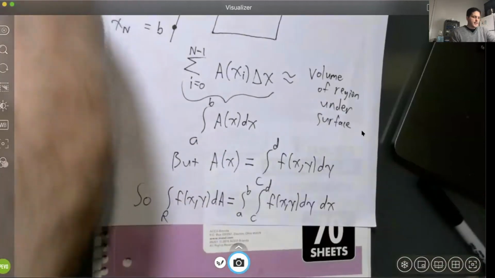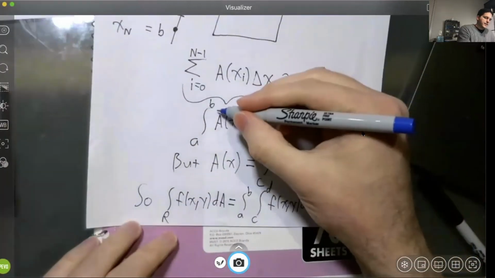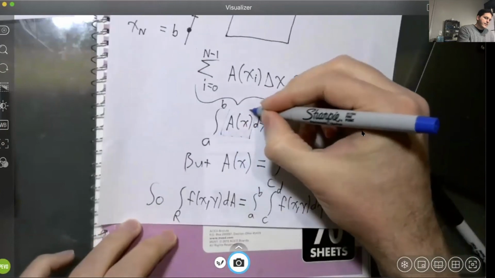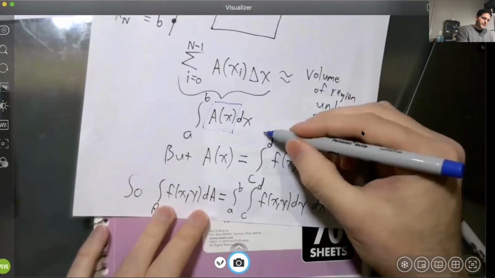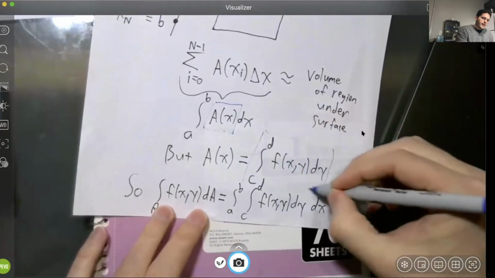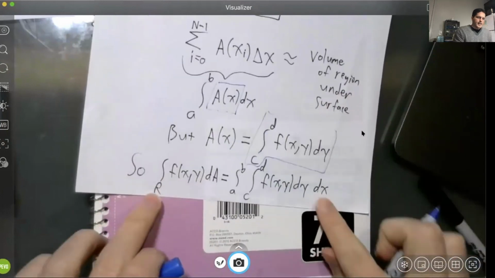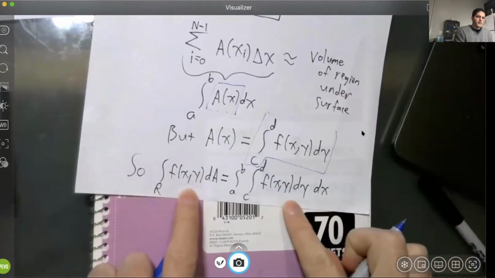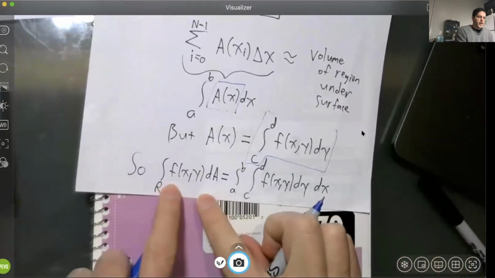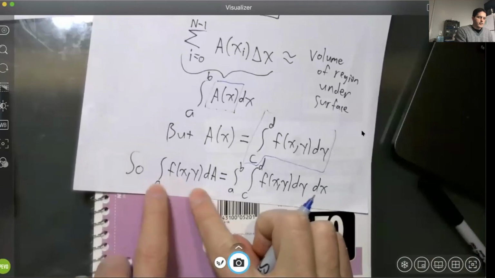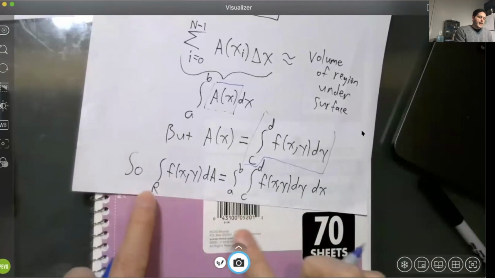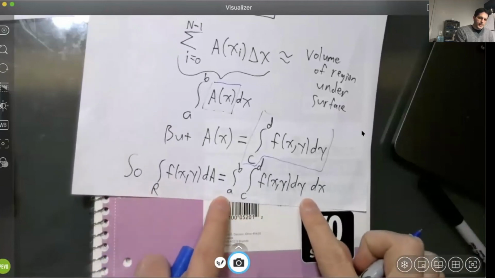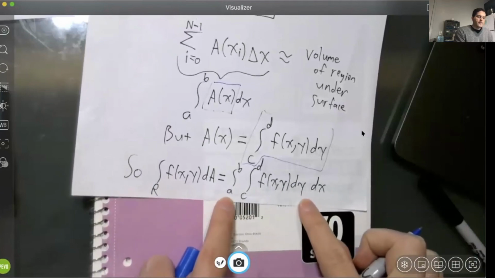So what I did there is I took this A of x and replaced it with this expression for A of x, and then I came up with this final formula for the double integral of f over the region R. This double integral has now been expressed according to this formula. And we can use this formula to actually evaluate integrals.